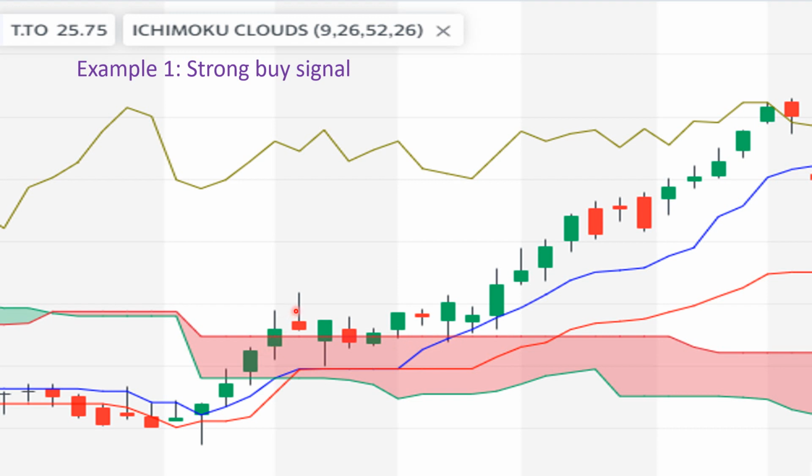It breaks out the resistance, bounces a bit back, and finally it heads upward. So this is one way that we have a strong upward or a strong buy signal.